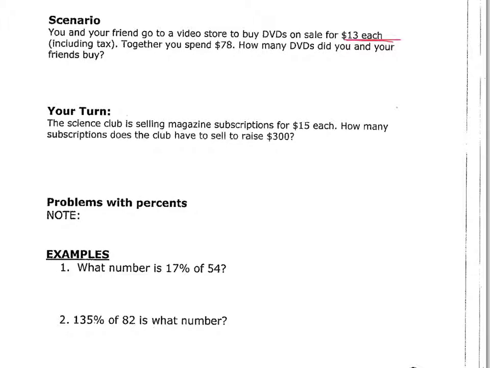Remember, each is a word that represents multiplication. So 13 each, and we'll say that's some variable. You're going to spend $78, so you set the whole thing equal to 78. So you know that 13 times x gives you 78. Eventually we'll learn how to solve those.